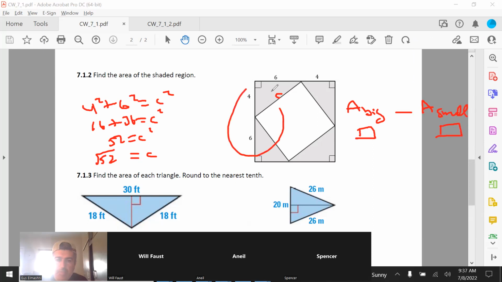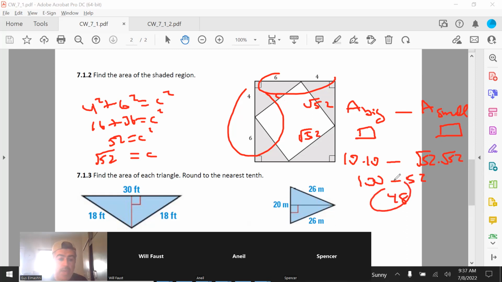For the big square, you got 10 times 10. That's easy. For the small square, because that's root 52 and root 52, you're doing root 52 times root 52. So it's 100 minus 52, and you get 48.